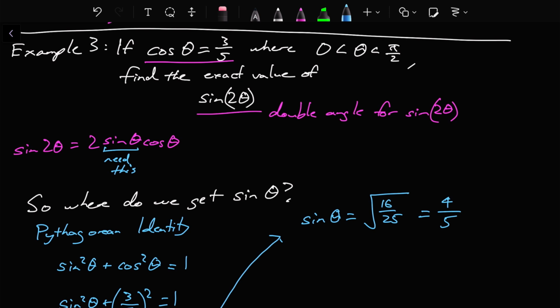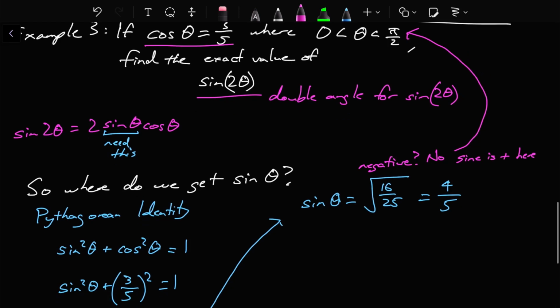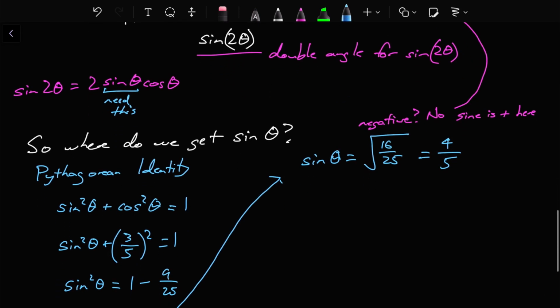Do we put a minus on this? Negative? No, because this told us that theta was between these two things. Sine is positive here. Okay? If you had to write that on a test, that would be sufficient. You can just draw an arrow point and say, no, it's positive here. Okay? All right, so now we have it.